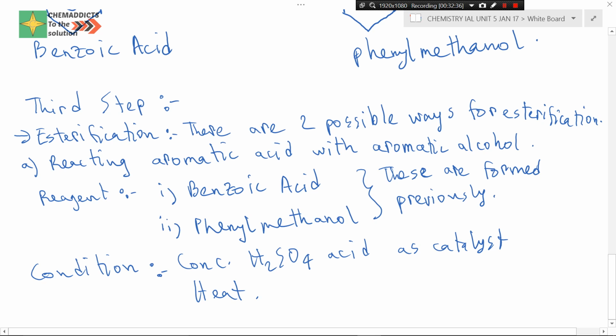So the condition here is concentrated sulfuric acid as a catalyst and heat.